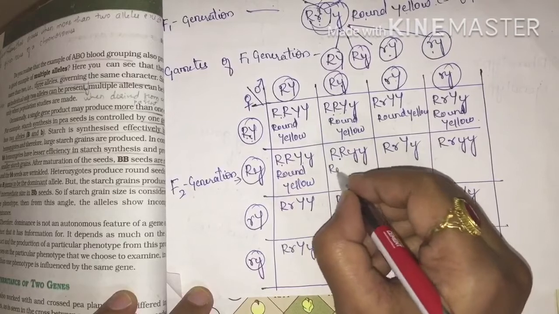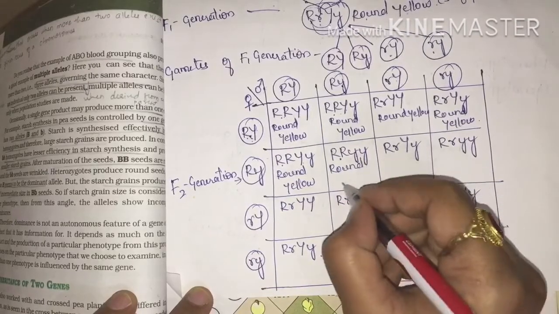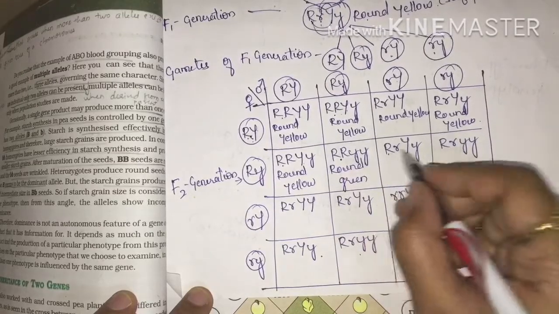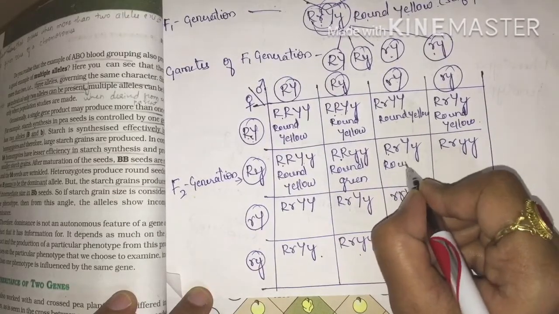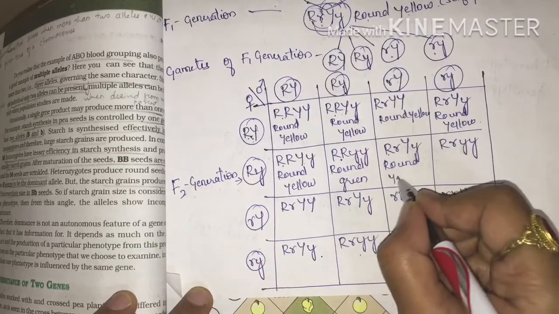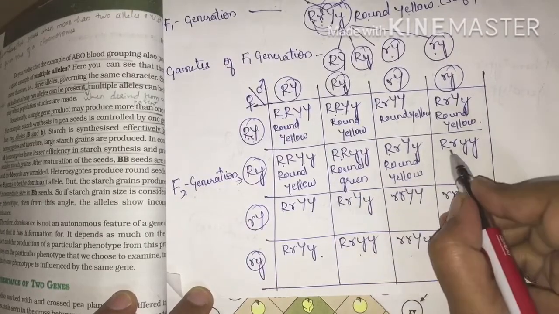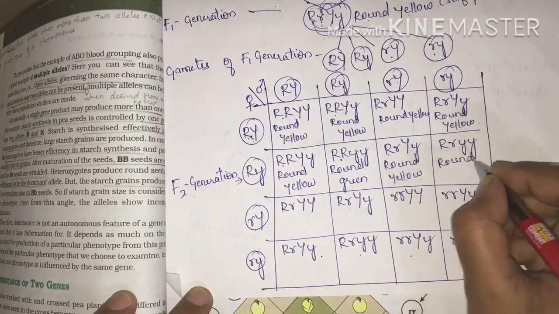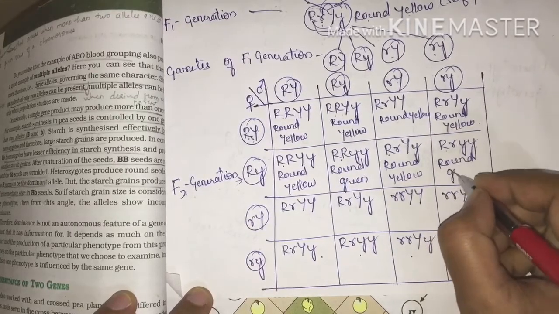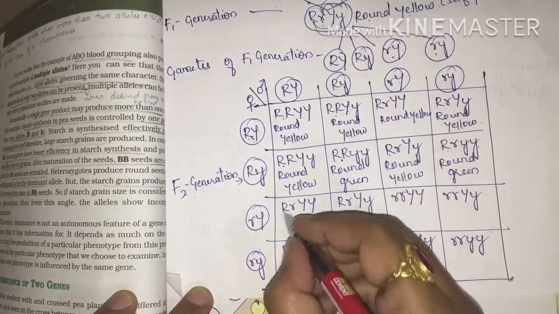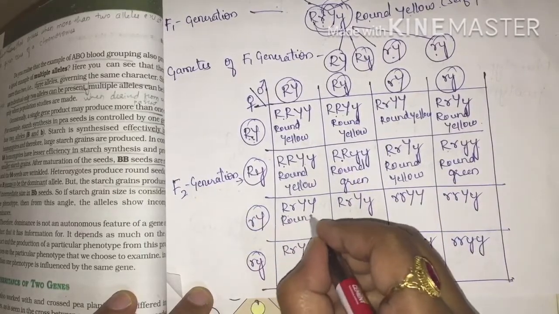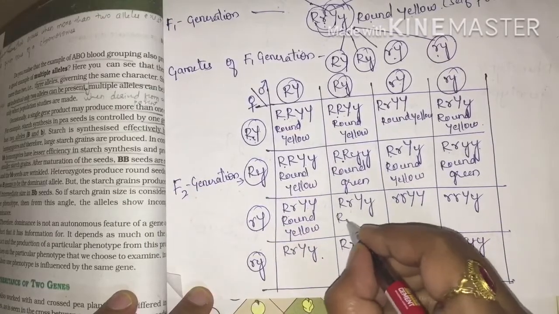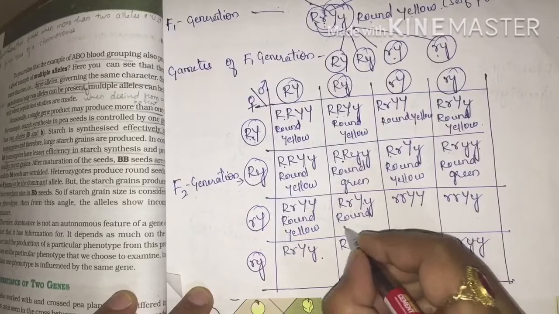Here capital R round, both are small y, so it is green, round green. Next, we have capital R round and it has capital Y also, it is yellow. Now here you have capital R round, it has small y, it is green. Capital R round, capital Y yellow. Capital R round, capital Y yellow.